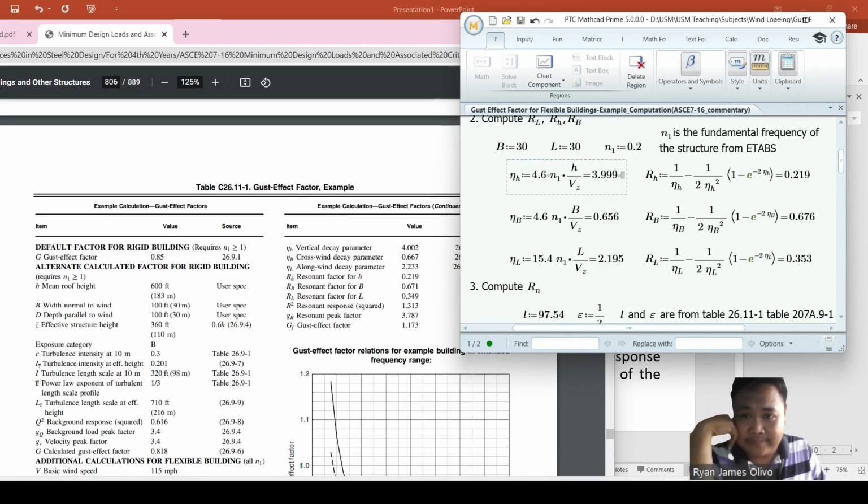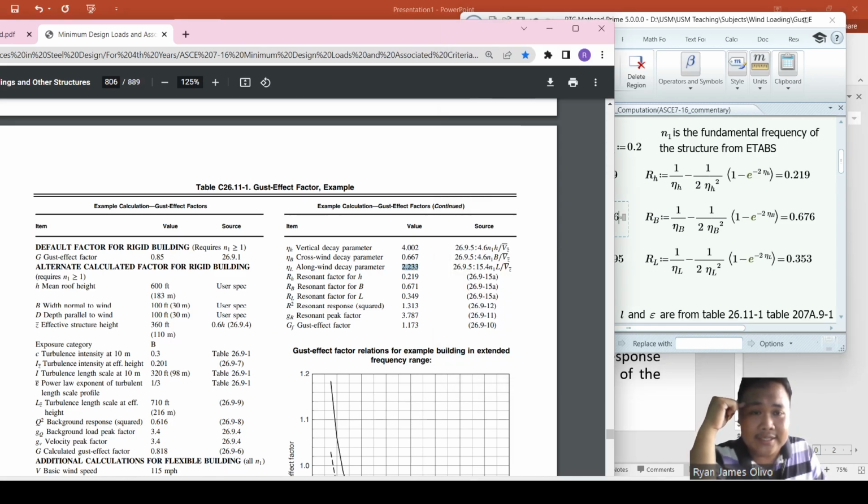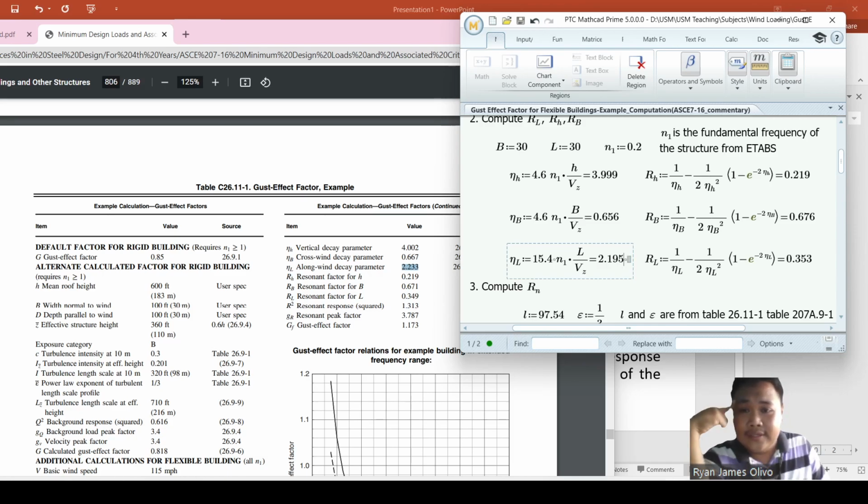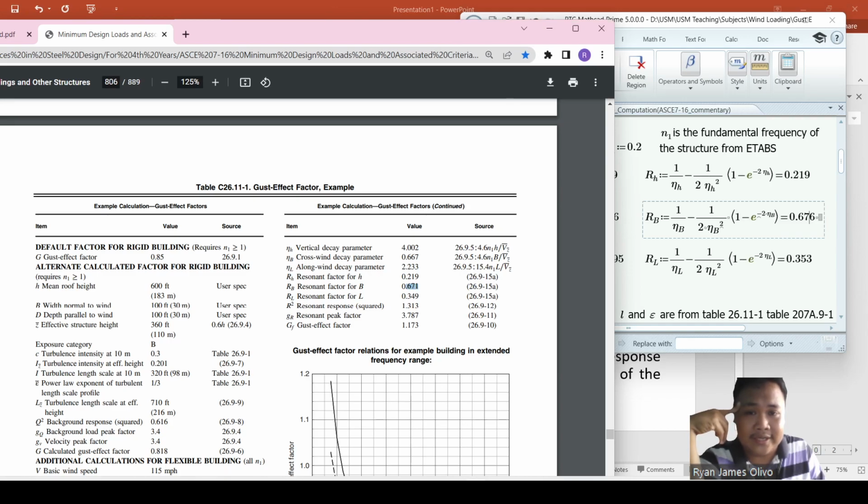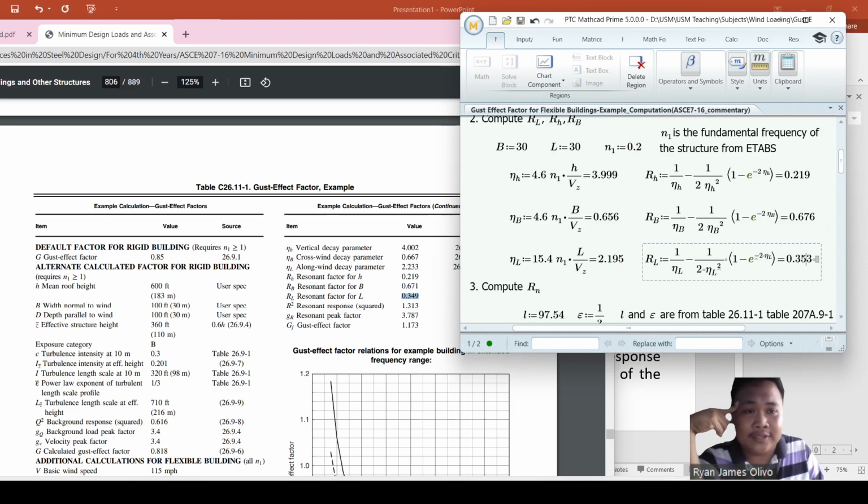Crosswind decay parameter is 0.656, not exactly, but 0.667, 0.656. And along wind decay parameter is 2.223, and this one is 2.195. So our resonant factors for H, B, and L are as follows: 0.219, that is exact; 0.676, 0.671, very near; 0.350 or 0.349 is also near, 0.353.